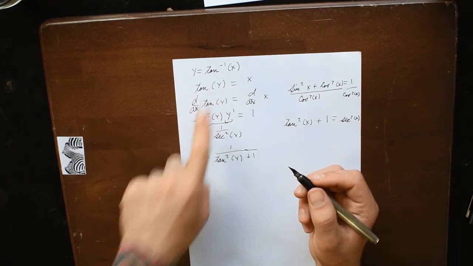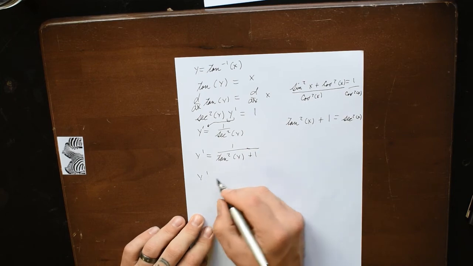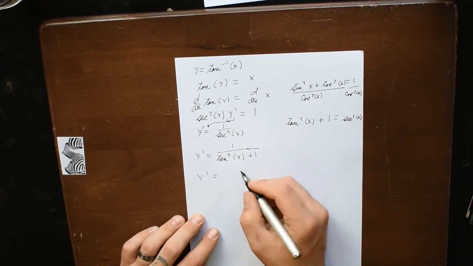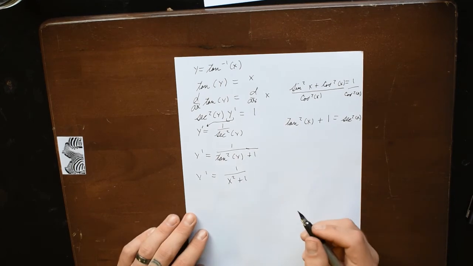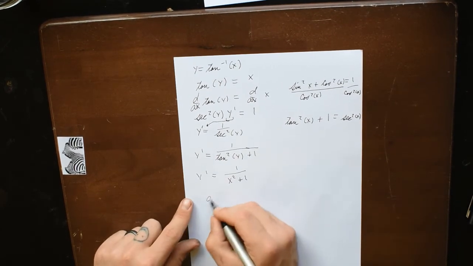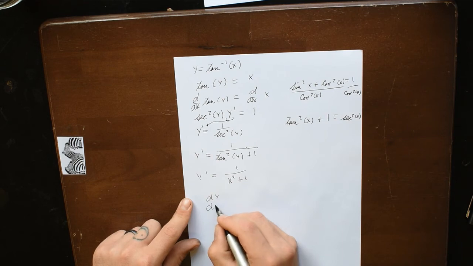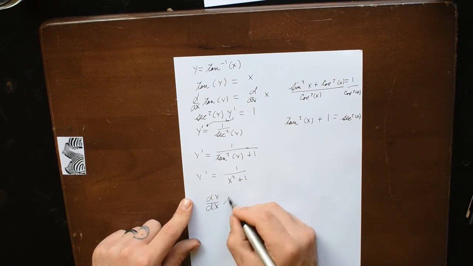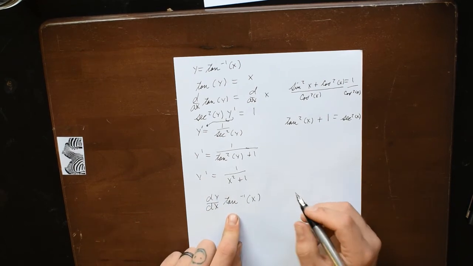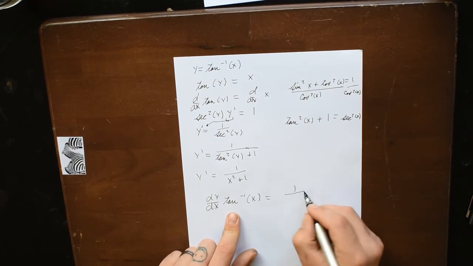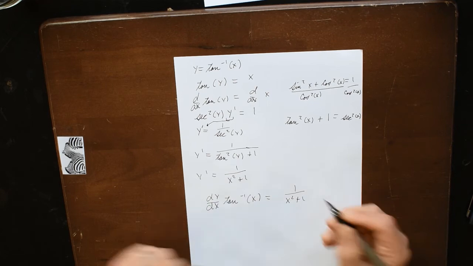Tangent of y is x, so that means that tangent squared of y is equal to x squared plus 1. Or we get that the derivative of y with regards to x of the tangent inverse of x, some people would call that the arctan, is equal to 1 over x squared plus 1.